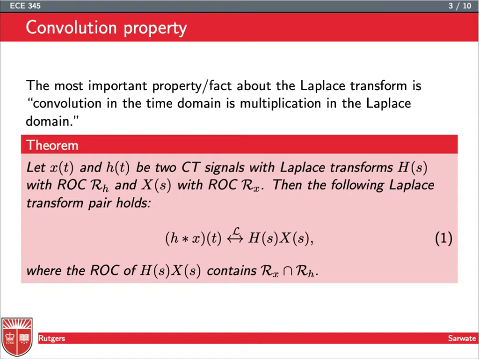So the ROC of H of s times X of s, that is the output of this system, is going to contain R_X intersect R_H. And remember, the only way it's not going to be equal to R_X intersect R_H is if we have a pole-zero cancellation. So most of the time we're not going to have that. It's going to be equal to R_X intersect R_H.